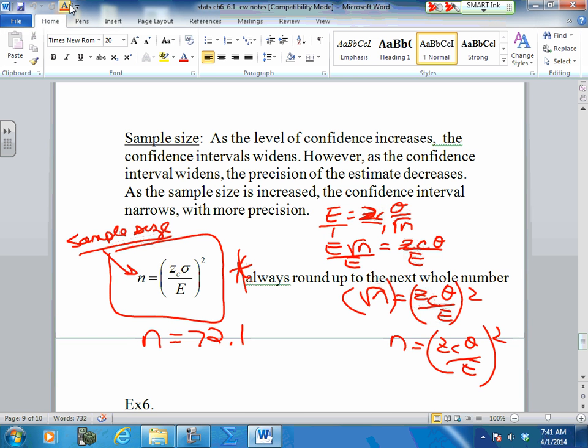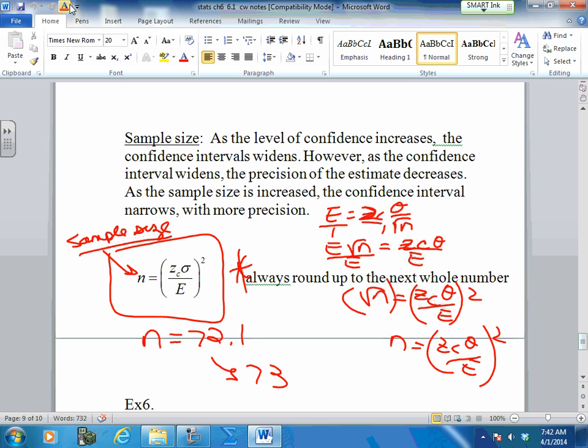So therefore, we're always going to round your sample size up to the next number. I will have to survey 73 people to ensure that I hit that 72.1. I'll never hit a 0.1 person. And if I drop it down, I'll never hit 72.1. So rule of thumb is we always round up to the next whole number.